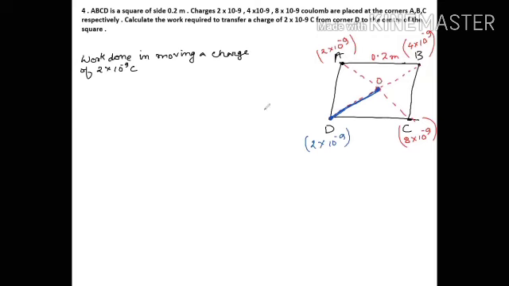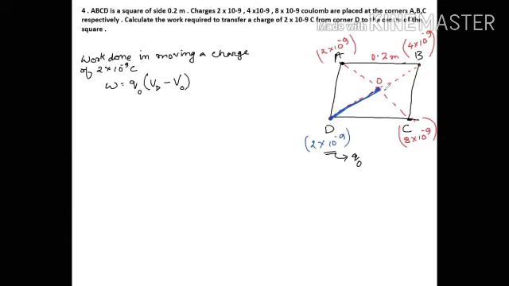So what do you have to do? For the work done in this case, this 2 into 10 to the minus 9 is my test charge, because it is moving from point D to point O, and it is doing the work. So our work done becomes Q naught times the potential difference, VD minus VO. We need the potential difference value.